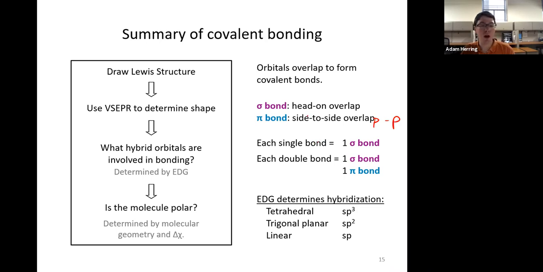Each single bond consists of a sigma bond, and each double bond consists of both a single sigma and a single pi bond. And our electron domain geometries are going to determine the hybridization. If we have a tetrahedral electron domain geometry, it's sp3 hybridized. Trigonal planar is sp2, and linear is sp.